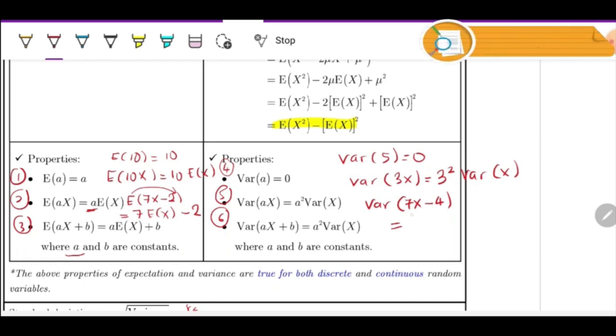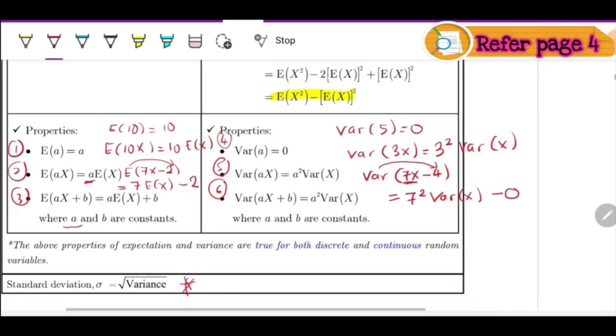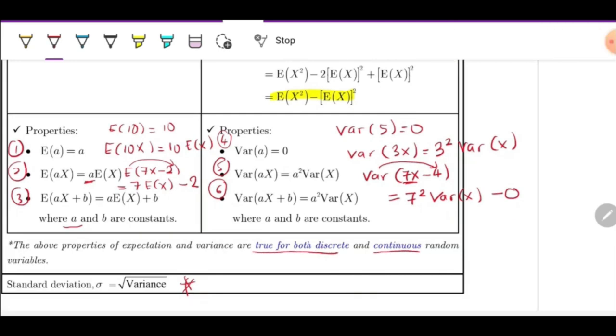So the constant of x here, we can take out and square it, then multiply with the variance. Minus the variance of the constant, which is 4, is 0. So these properties are true for discrete and continuous random variables. And the formula for standard deviation is the square root of variance.